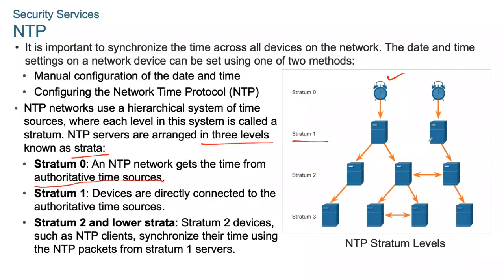They will synchronize, and these devices further try to synchronize with stratum 2 devices, and so on. So because of this, how is it helpful for your network in providing security?